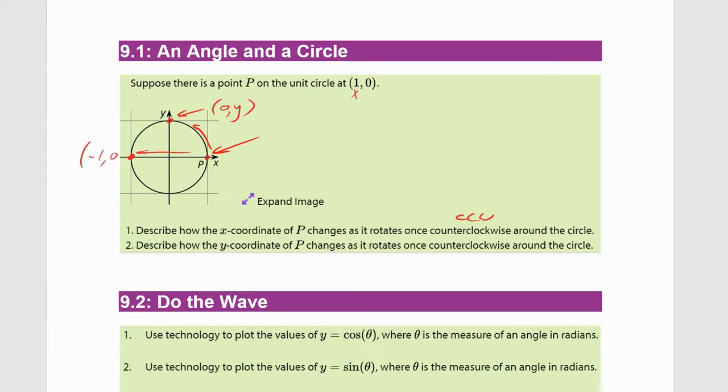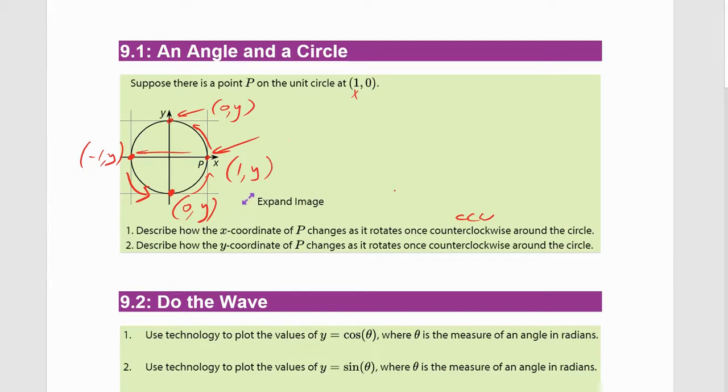Let's just not care about your y for right now. And then as it keeps going counterclockwise, it'll be over here eventually, and you realize your x is back to 0, right? And then eventually, as it keeps going counterclockwise, it comes back over to 1.